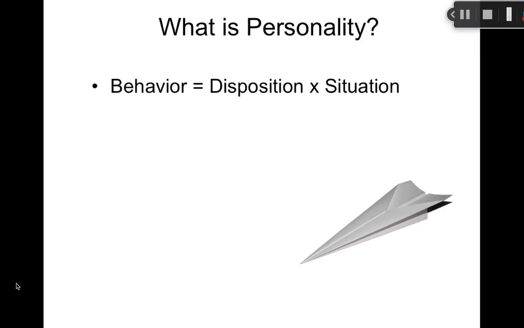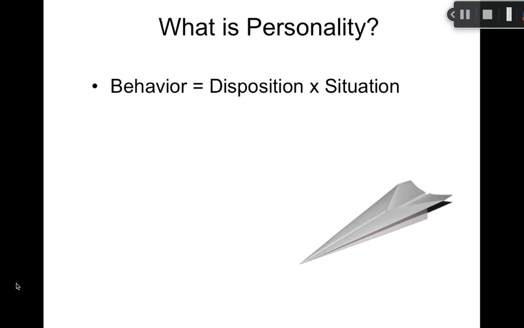And we came up with a superficial but important explanation. If we're trying to explain behavior, any behavior, no matter how simple or complex, usually it's the end product of a very complex interaction between disposition and situation.